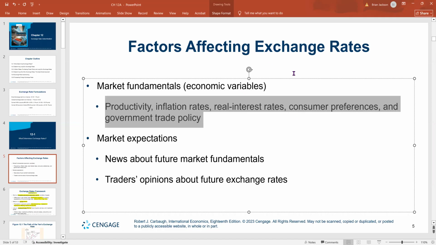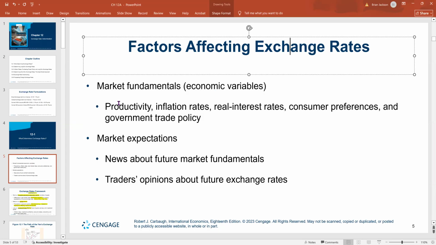You have four or five broad categories here. We'll look at how changes in these fundamentals will affect the exchange rates, and we'll look at each of these in turn in just a minute.